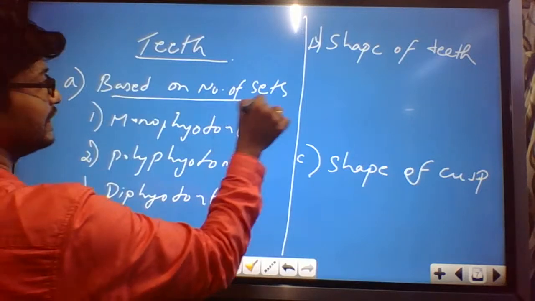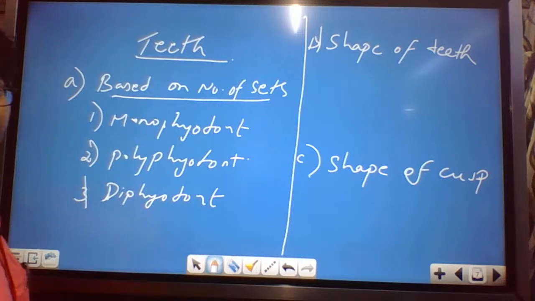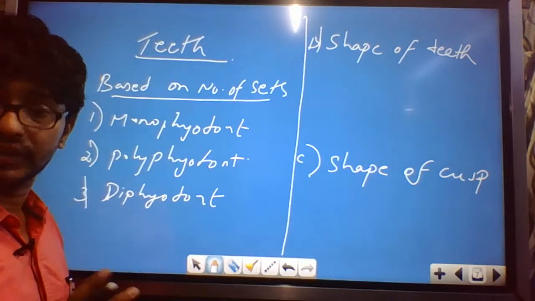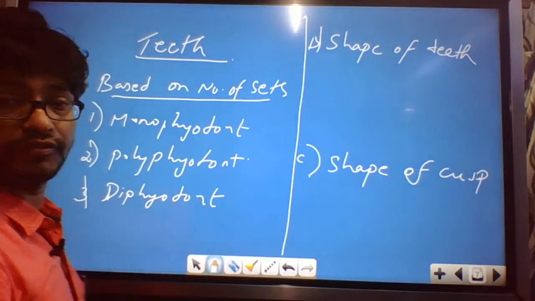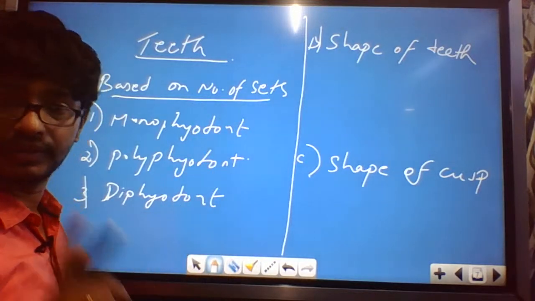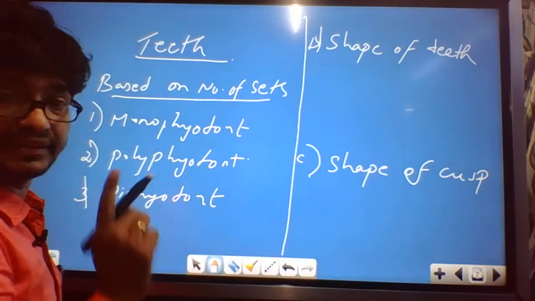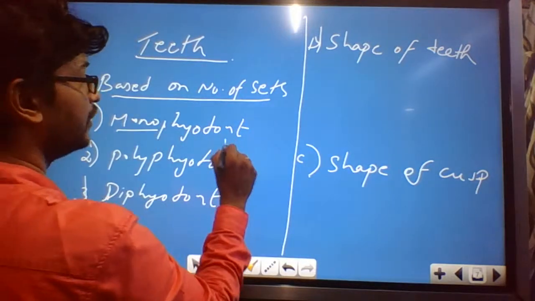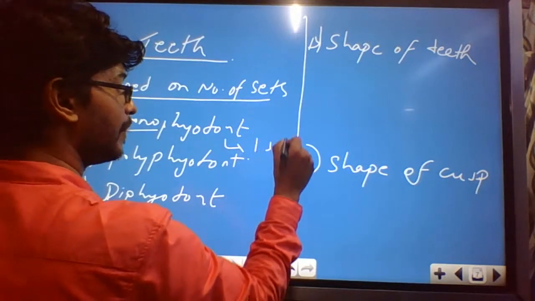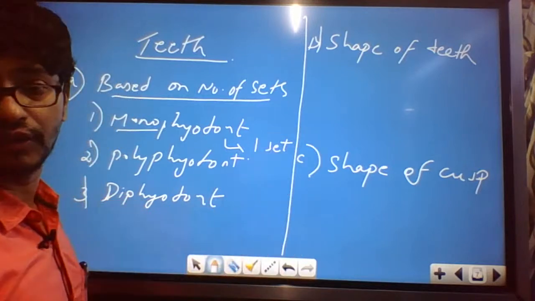This is the classification based on number of sets. சில monophyodont வந்து உங்க லைஃப் டைம்ல ஒரே ஒரு தடவை மட்டும் தான் வரும், சரியா? That is called as monophyodont. அதுக்கு அப்புறம் அந்த பல்லு திருப்பி முளைக்காது. ஒரே ஒரு செட் தான் இருக்கு. So mono means always one, so it means one set. இல்லனா லைஃப் டைம்ல ஒரு தடவை மட்டும் தான் அந்த பல்லு வரும், சரிங்களா?